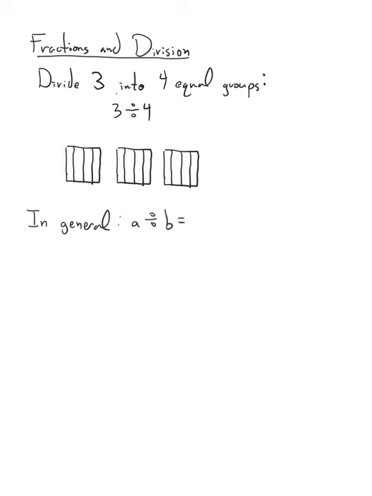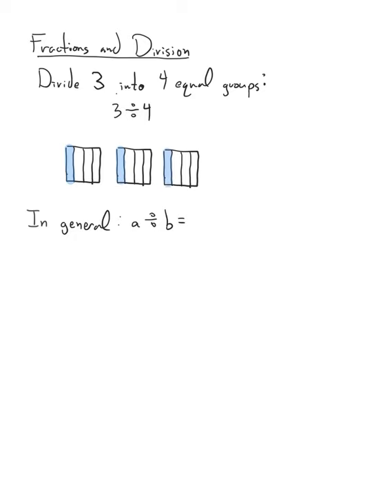So if we want to do 3 divided by 4, let's take our 3 units, here they are, and I want to divide them into 4 equal groups. So the first thing I'll do is take my units and divide them into 4 equal parts. And what I'll do is take one part from each of my units.